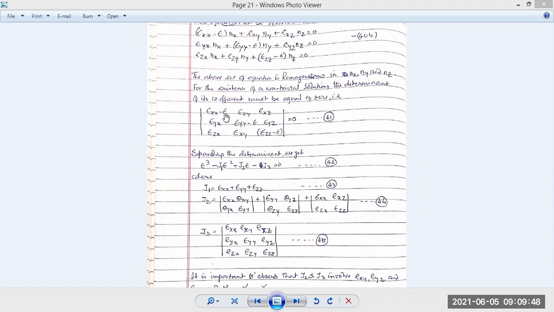If we expand, it takes the form: epsilon cubed minus J1 epsilon squared plus J2 epsilon minus J3 is equal to 0, where J1 is Exx plus Eyy plus Ezz, and J2 is the sum of the matrices of Exx, Exy, Eyx, and Eyy.